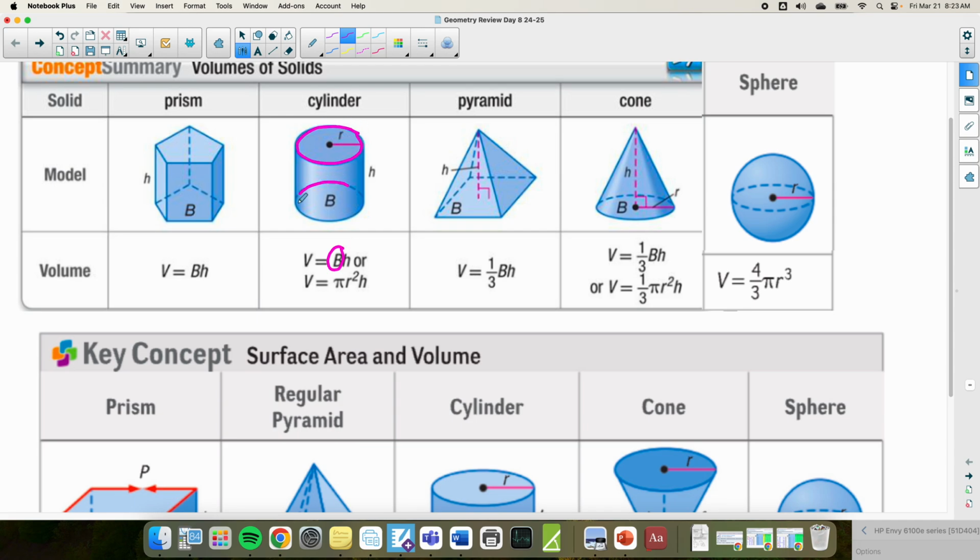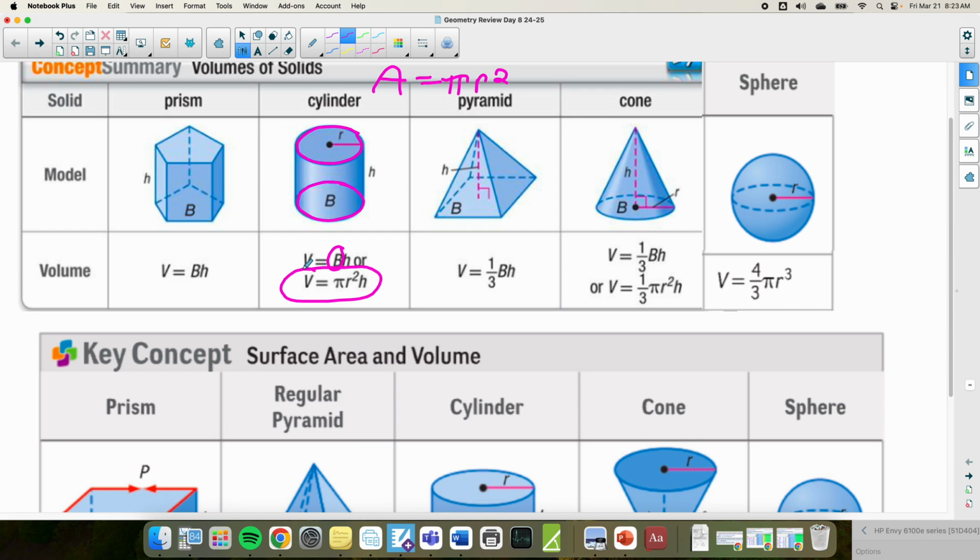And what you would have to realize is the area of a circle is pi r squared. So that's how they got this formula. I'm hoping on the test you could at least remember volume equals area of your base times the height. And if it has a circle, the area of a circle is pi r squared, so that goes in for that capital B.